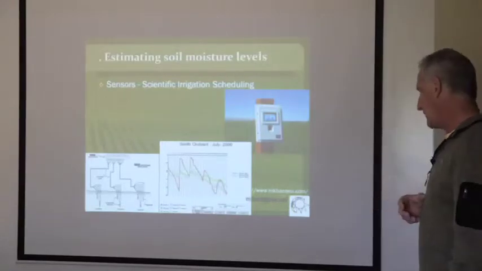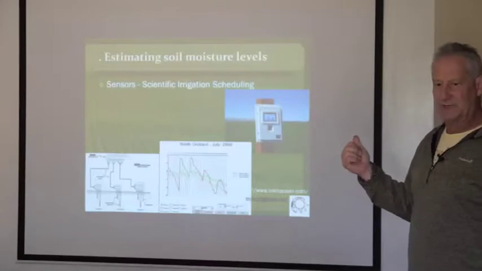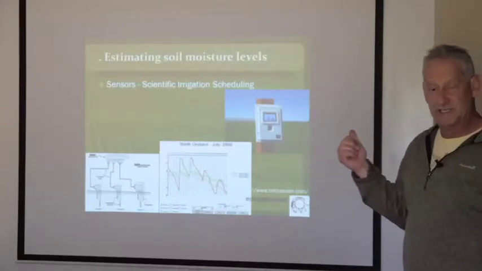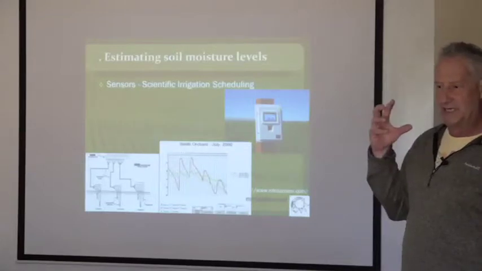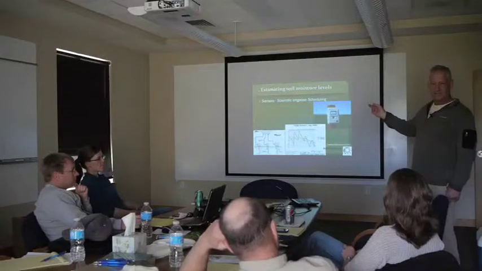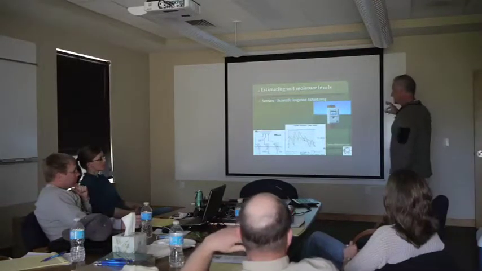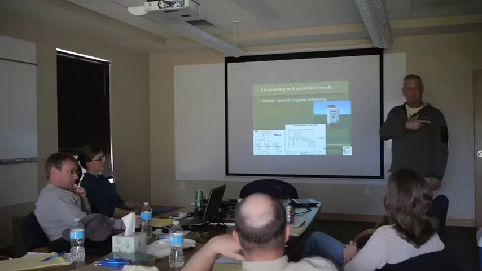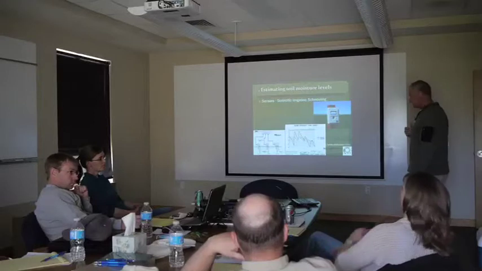There's a very bad slide later on about instrumentation and telemetry. So yes, you can get a system that will take the data from these kinds of soil moisture trending systems and put it onto your smartphone or laptop, whatever.